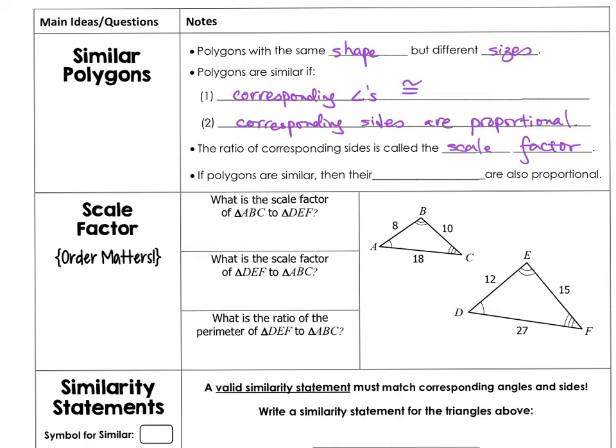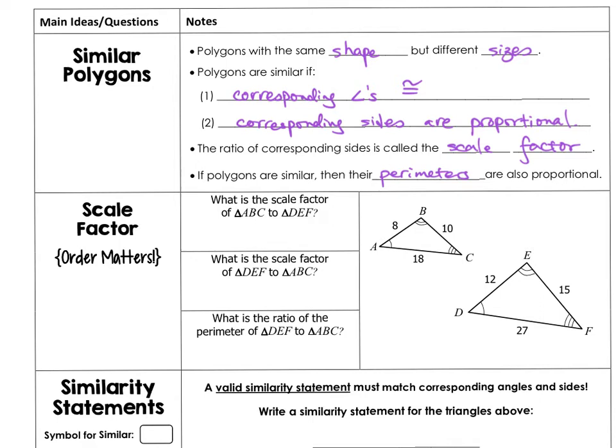So you have to shrink the entire building onto a piece of paper, and you have to do that shrinkage by proportion, right? While keeping the angles the same. So if polygons are similar, then their perimeters are also proportional, just like their sides.